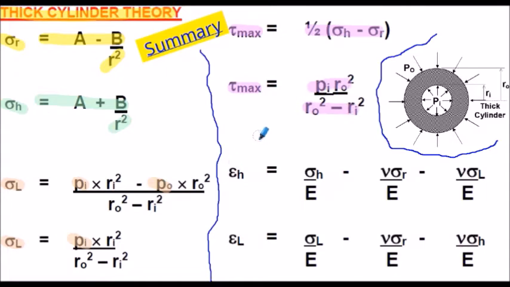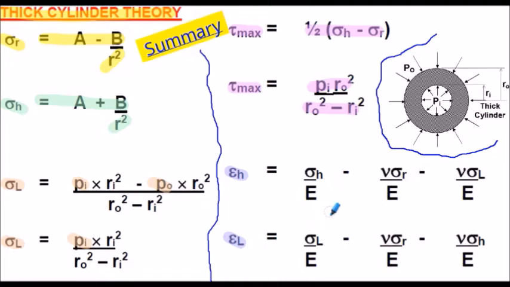And finally, we may be asked to calculate the change in diameter or the change in length. So to find the change in diameter, we'll first need to calculate the hoop strain. And that's given here by generalized Hooke's law for a triaxial stress situation. And we may also be asked to calculate the change in length of the vessel, so we need the longitudinal strain, and again that's shown here in terms of generalized Hooke's law.